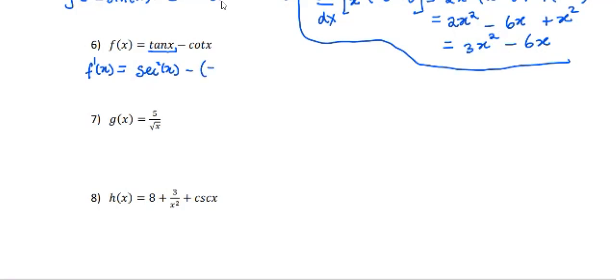Well, that's going to be negative cosecant squared of x, which is equal to secant squared of x plus cosecant squared of x.